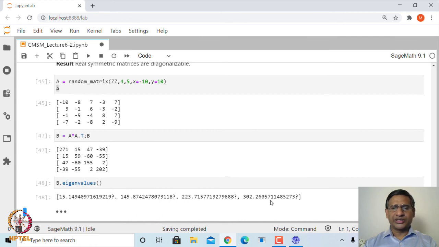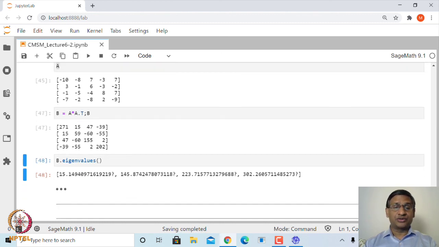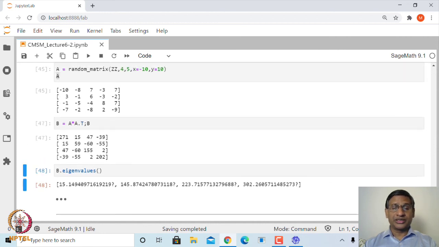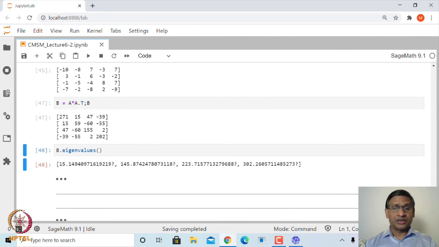These are all real eigenvalues. Here actually you can see this question mark, which means this is an approximate eigenvalue. So, it has computed the eigenvalues numerically. That is what I said, that if you want to deal with an arbitrary matrix, finding eigenvalues explicitly in closed form will be a difficult task, and you need to appeal to numerical analysis to find eigenvalues numerically, right.